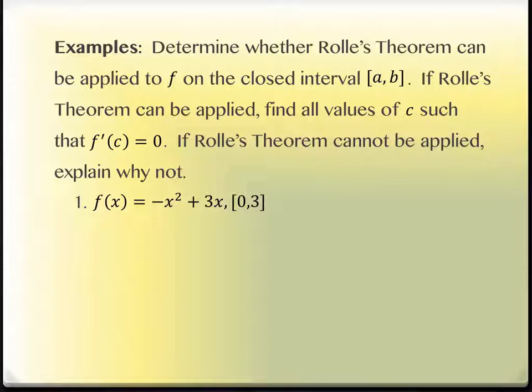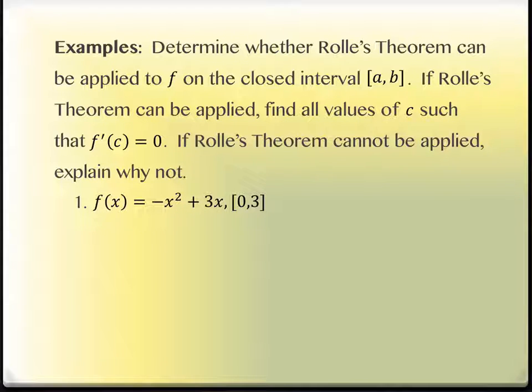So we're going to try an example. Determine whether Rolle's theorem can be applied. Now that's a really important condition. You have to actually show that it meets all 3 of those points that we labeled 1, 2, 3 on the previous slide. The cool thing is, if it fails one of those, you're done. So do not skip this step. Occasionally they will fail, and then you don't have to keep going because you'd be searching for something that may not exist.